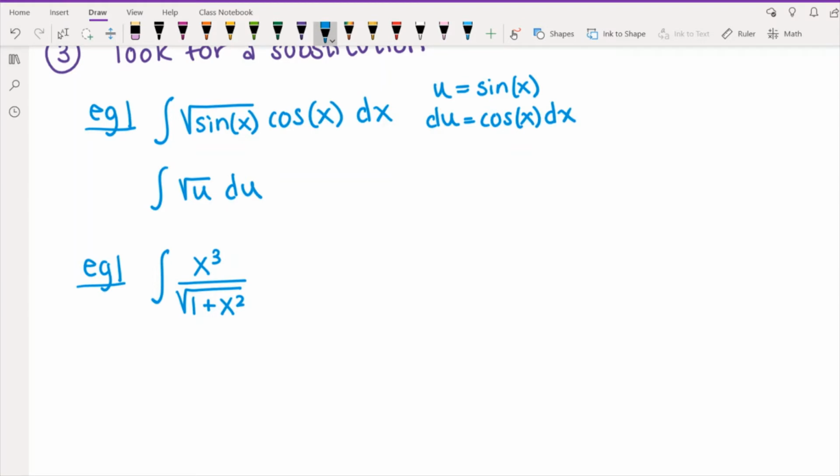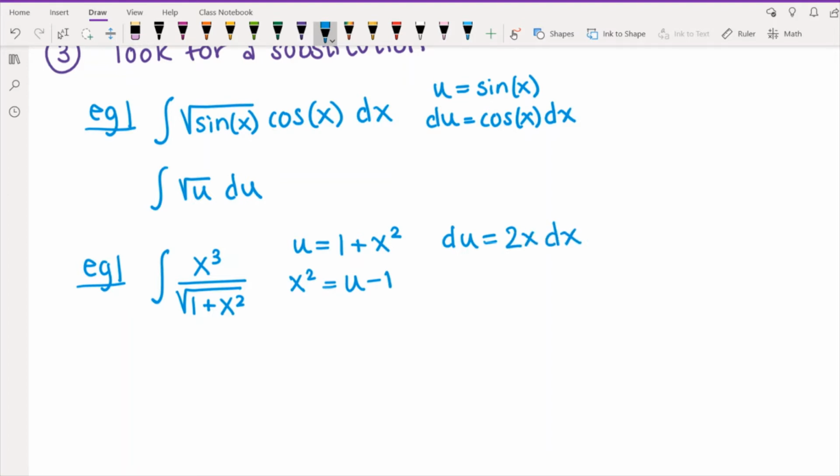So what would the substitution be here? Well, if we let u equal 1 plus x squared, then that means that x squared is equal to u minus 1. And then du is going to be equal to 2x dx.